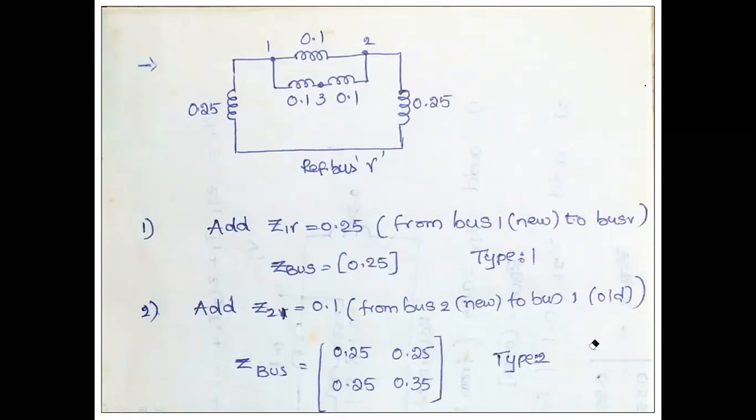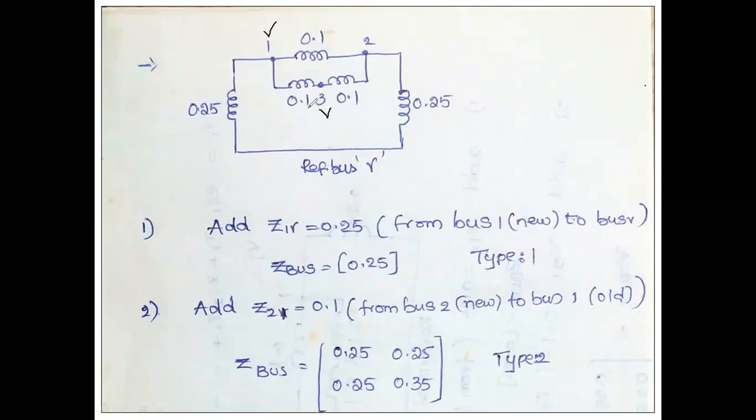Now come to bus number 3. That is also very, very important. Bus number 1 is introduced, and bus number 2 is also introduced in the second step. Let us verify whether bus number 3 comes under type 2 modification or not. You just see here, this is the old bus and this is the new bus. Again I am adding bus number 3 to the old bus number 1.